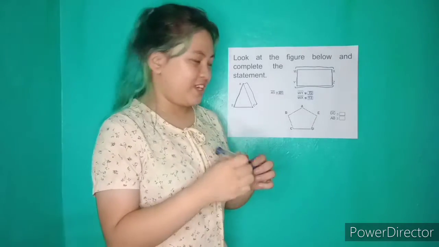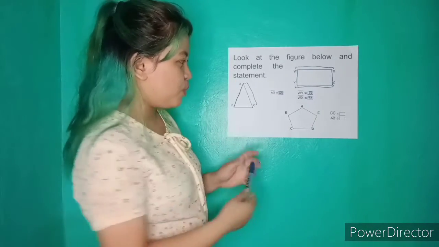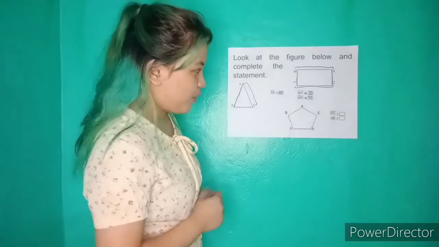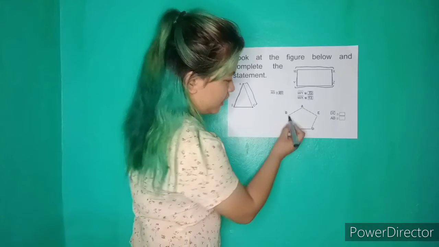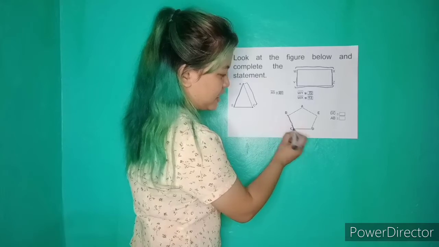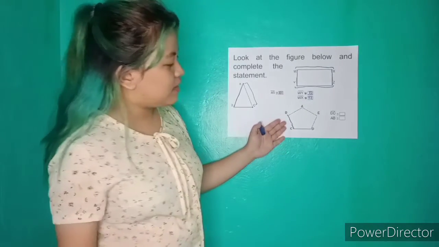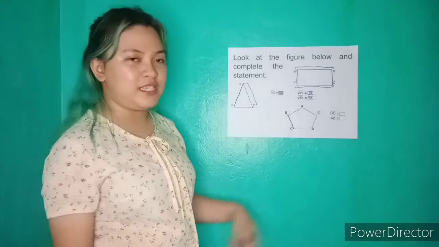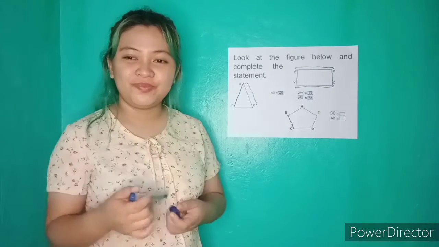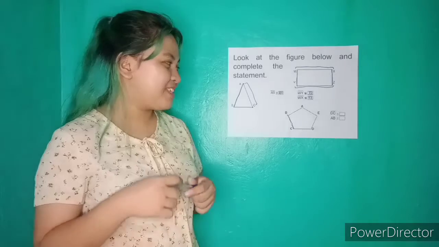Very good. Now let's proceed to this one. So we have here line segment BC. So what is the other line segment that is the same with line segment BC? Anyone? Yes, very good.